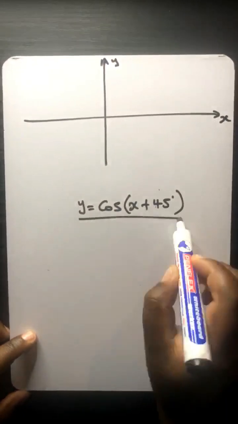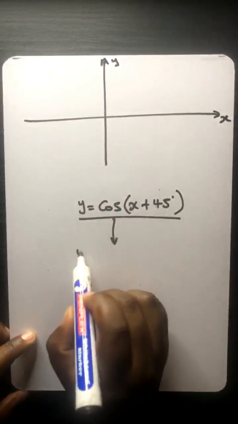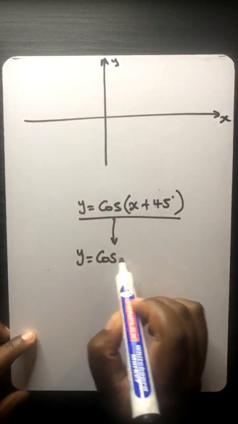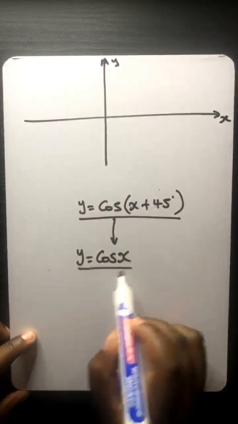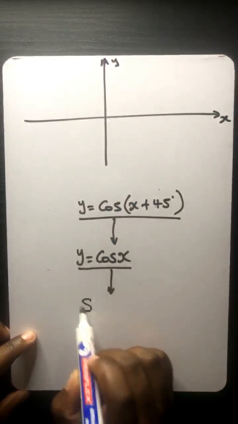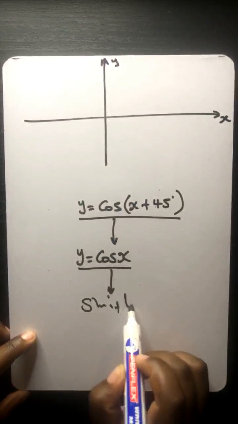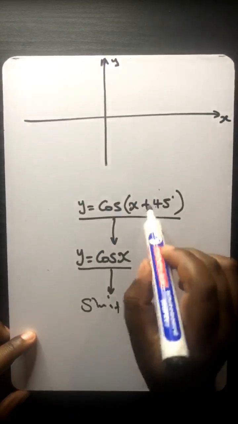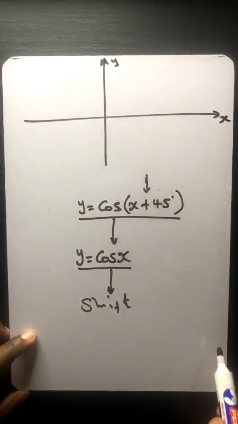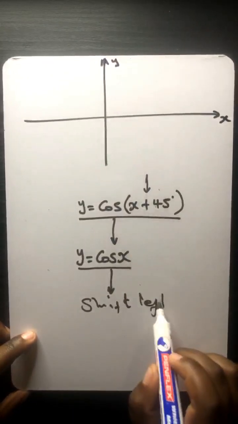This is the same as the function y equals cos of the angle, and then this same function, you just shift it by 45 degrees. But in which direction, to the left or to the right? The plus tells you it shifted to the left.